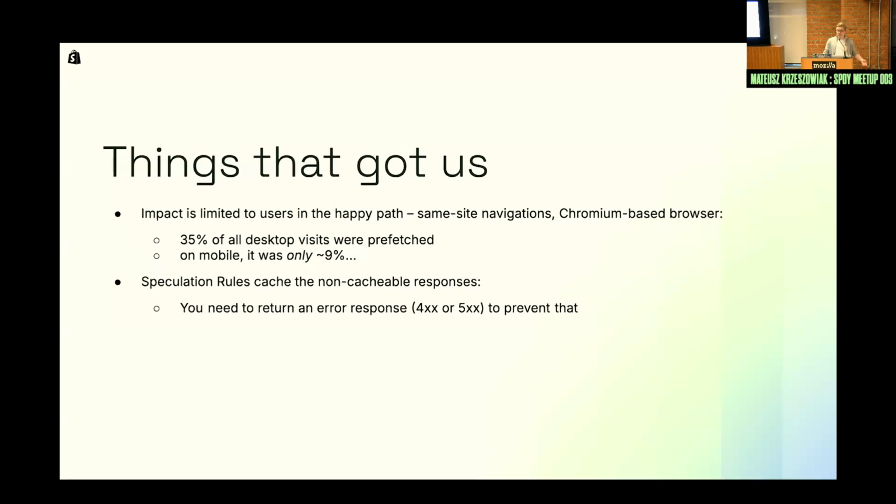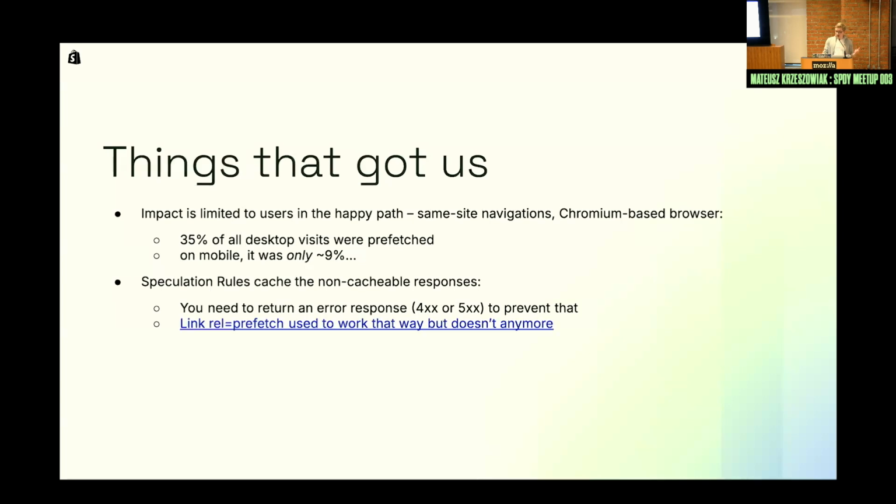With speculation rules and prefetching in general, you can tell that those requests are coming from a browser that's prefetching something. You have headers to identify that, and in order to prevent the browser from caching this, you actually need to return an error response. Otherwise the browser will just be caching the content.